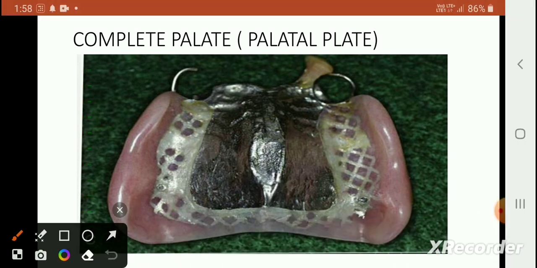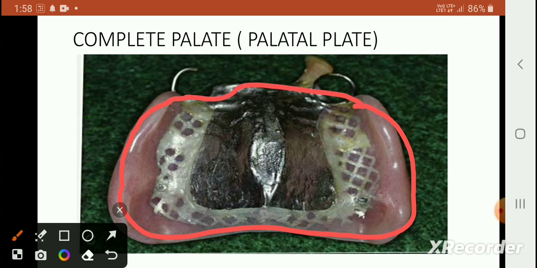It is indicated when the anterior and the posterior teeth are to be replaced bilaterally. The disadvantage of this arrangement is that the whole of the palate is covered in the complete plate, so it can lead to hyperplasia or adverse soft tissue reaction.